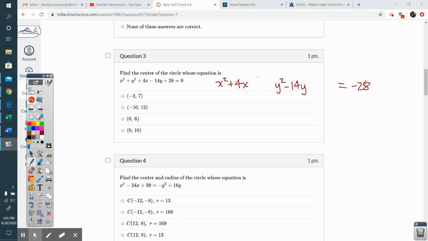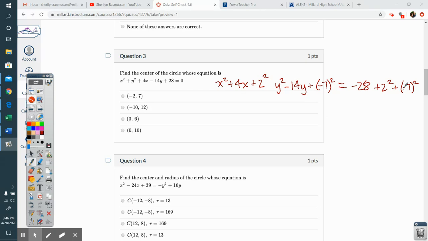So with the x's, I'm going to add half of whatever this is, squared. So half of 4 is 2, so I have to add 2 squared here. Half of this is negative 7, so it's plus negative 7 squared. You have to put this in parentheses if you're going to use a calculator, because if you just type negative 7 squared, it just squares the 7.